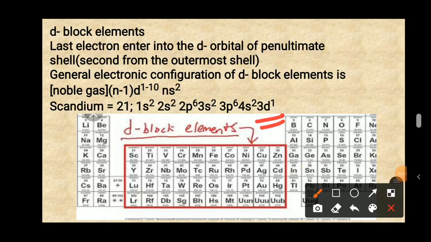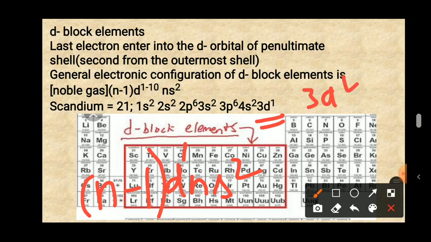So the outermost electrons are ns2. For 3d, I write 3 in the form n minus 1, that is 4 minus 1, which becomes 3. In scandium only 1 electron is in d. In titanium it becomes 3d2, vanadium 3d3, chromium 3d4, and it goes on like that.